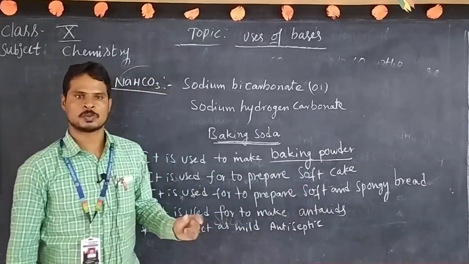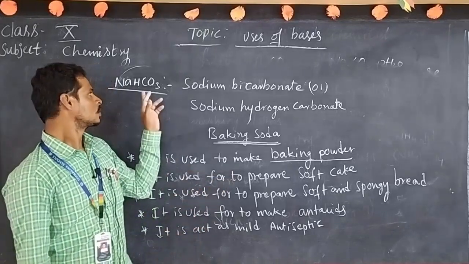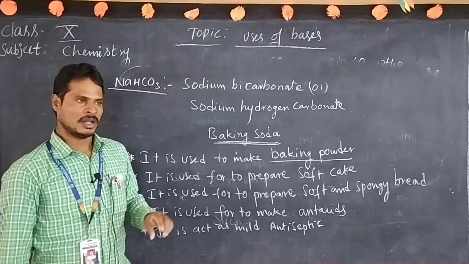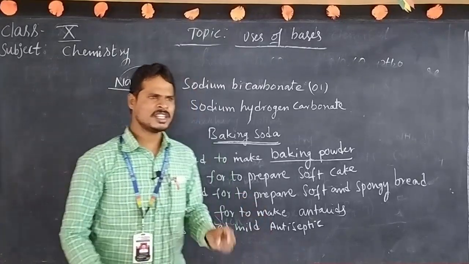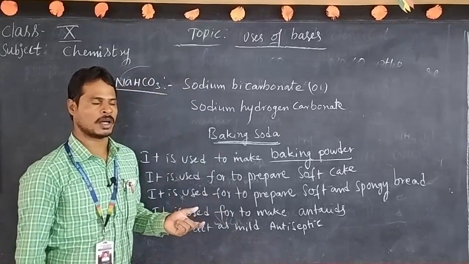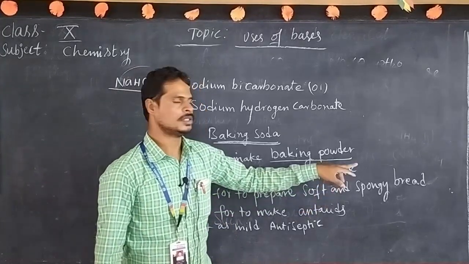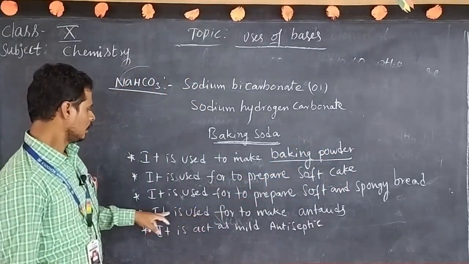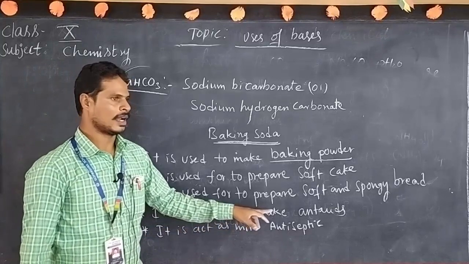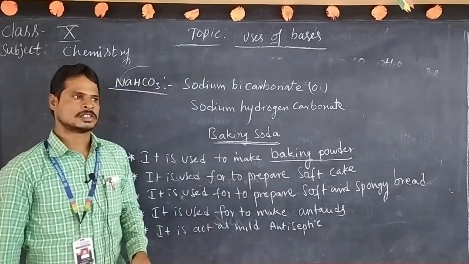How does the bread become so spongy and soft? Do you know, whenever sodium carbonate undergoes decomposition to form CO2 gas, this CO2 gas is useful to make soft and spongy bread. Next, it is used to make antacids. So what is the use of antacids?